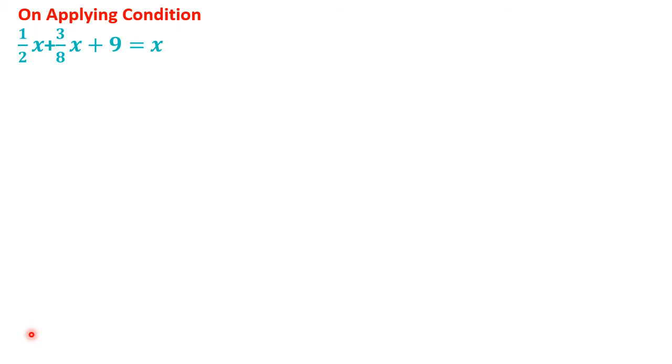As I already told you that you are going to add all the 3 in LHS. Half X, half of 3/4, that is equal to 3/8. Let me explain to you. Half into 3/4. That makes 3/8.